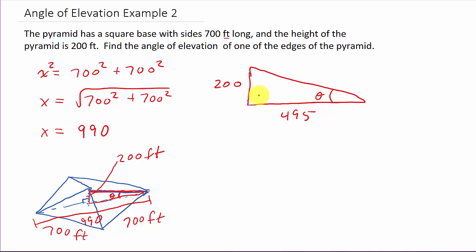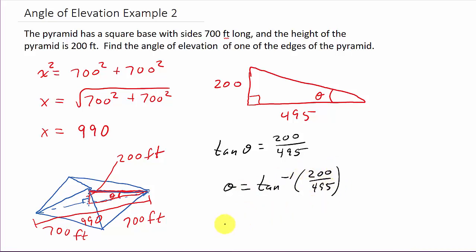Okay, so this is a right angle. So I've got opposite, and I know adjacent. So opposite over adjacent we know is tangent. So tangent theta is opposite, which is 200, over adjacent, which is 495. And so theta is the inverse tangent of 200 over 495.